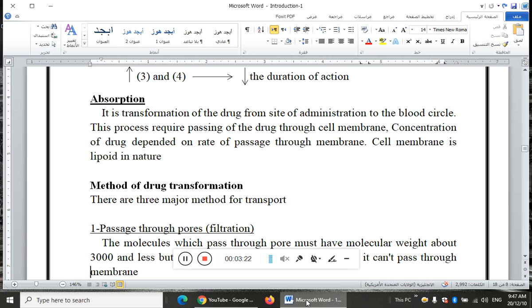The drug may be administered by mouth, so it needs to cross cell membrane in the intestine, or by injection in the muscle, so it needs to pass through cell membrane in the muscles, or subcutaneous or IP, etc. Any type of administration requires that the drug cross the cell membrane to reach the bloodstream.